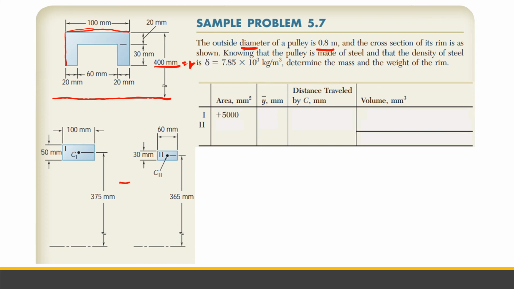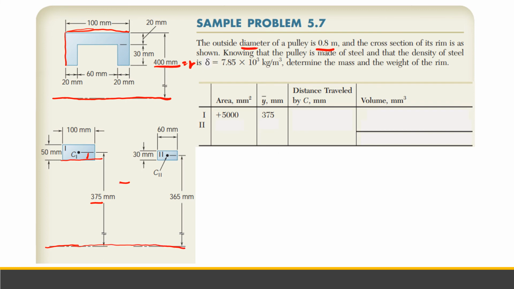That is 50 times 100, which is 5,000. Our y bar, with respect to this, is 25. So 400 minus 25 leaves 375 with respect to our main rotating axis.